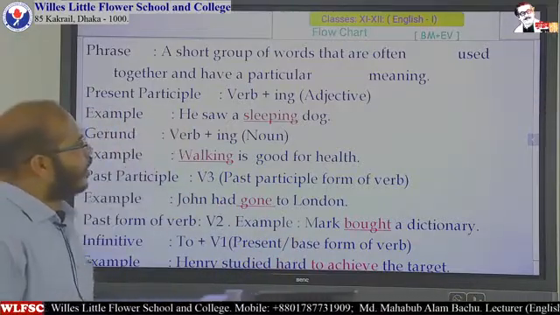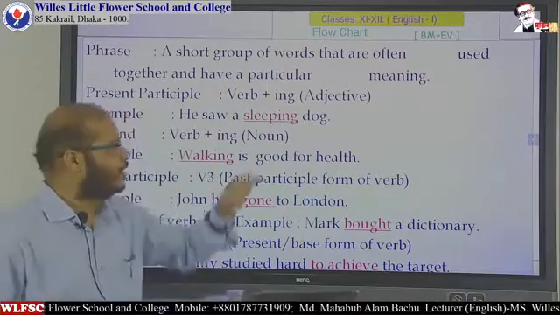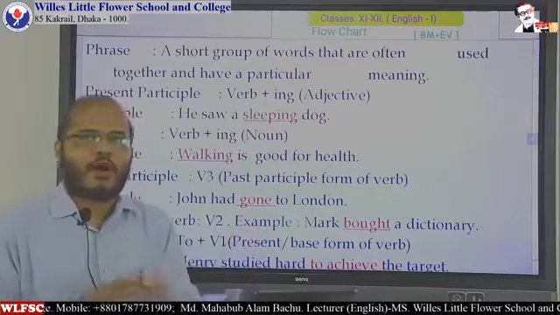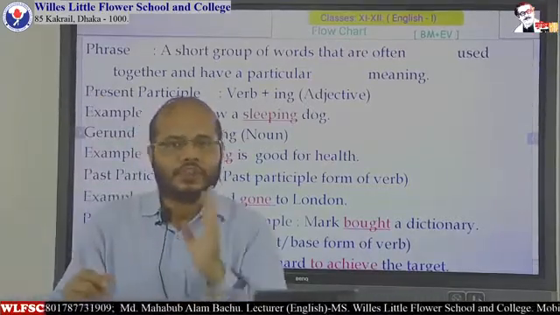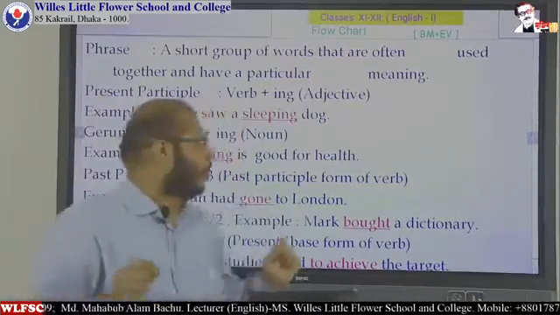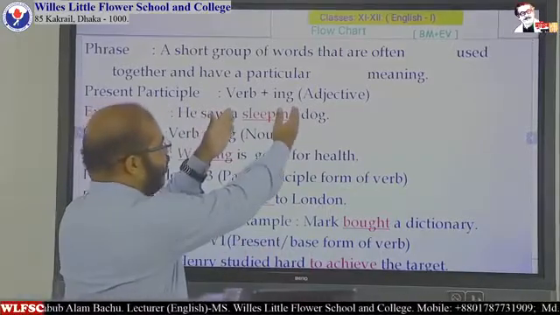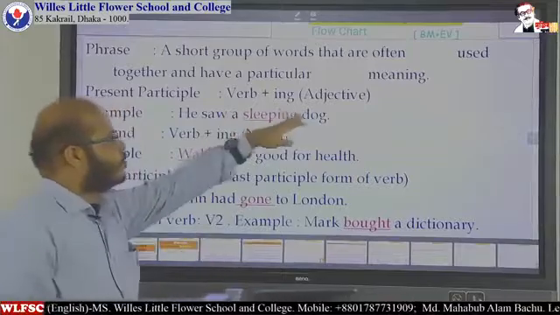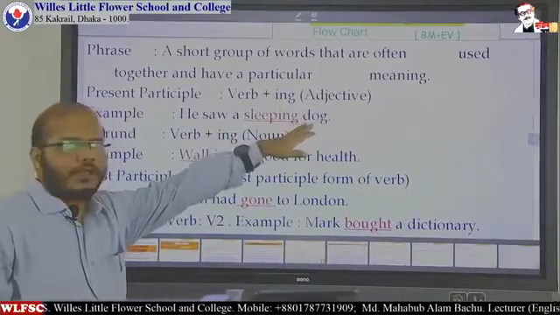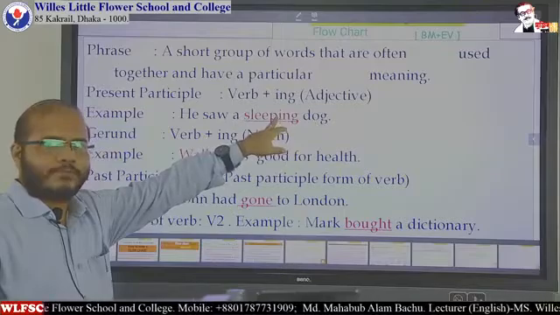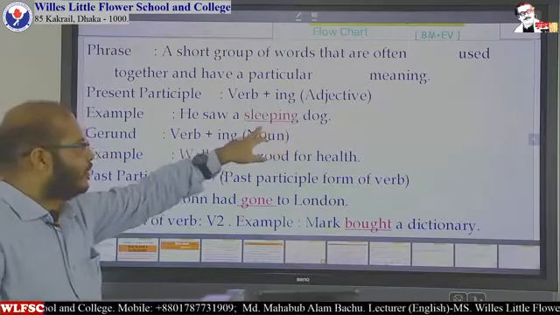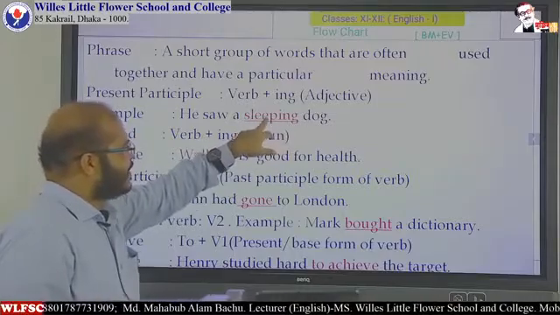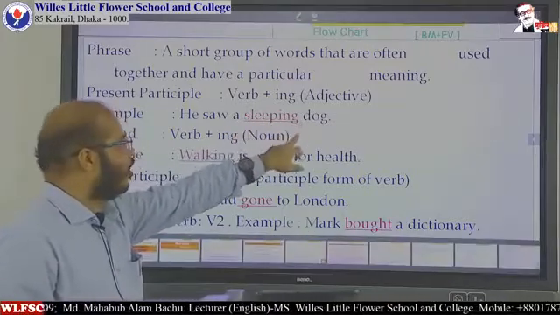He saw a sleeping dog. Look at the words sleeping dog. This word is formed by adding ing to the verb sleep, and it works as an adjective. Here, sleeping indicates the state of the dog.